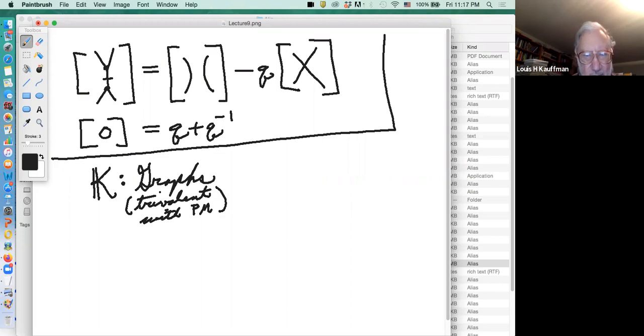And we called these graphemes. Okay. Graphs that are trivalent with a given perfect matching. The virtual knot diagrams. Virtual link diagrams.